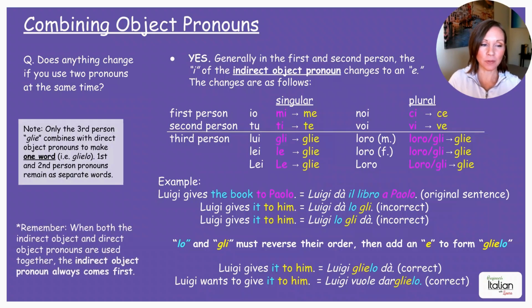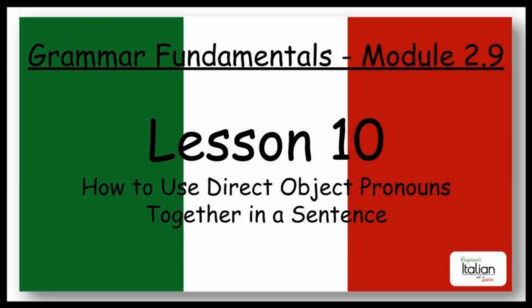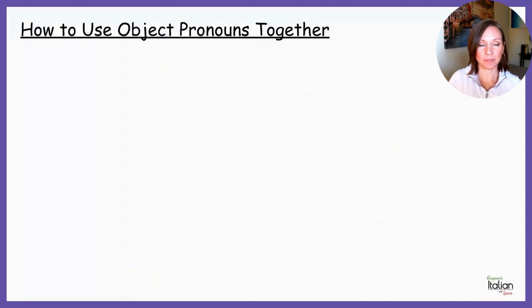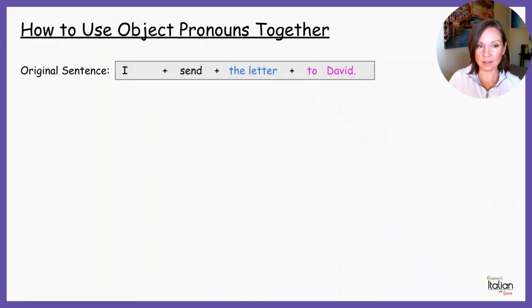Remember, when both the indirect object and direct object pronouns are used together, the indirect object pronoun always comes first. Okay, so just remember that. The indirect always comes first. How to use object pronouns together. So if our original sentence is, again, I send the letter to David.